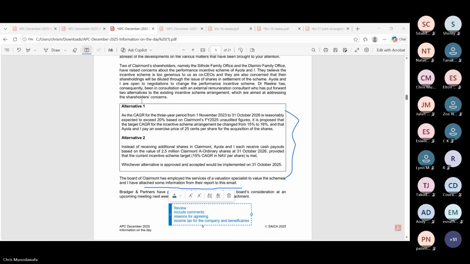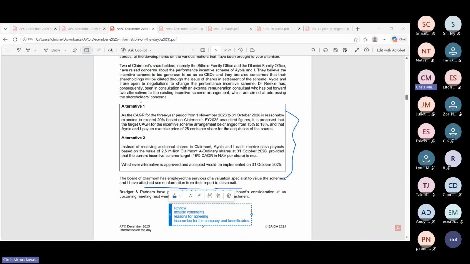So number one, depth is demonstrated when you identify the applicable principle or the technical authority. Number two, you explain why it applies: why does that technical principle or technical authority apply in this circumstance?